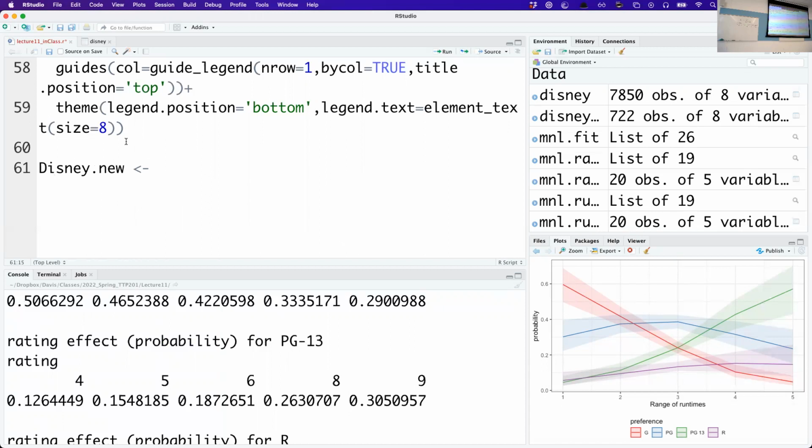So how good is this model? We are going to look at something.